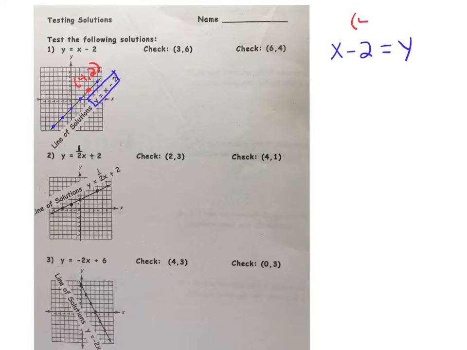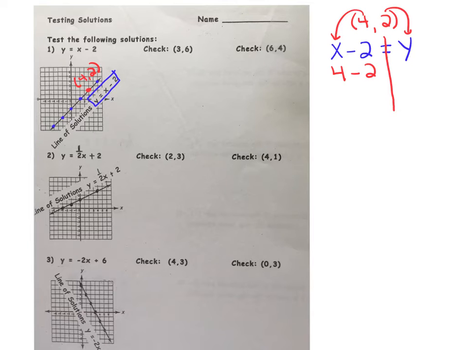My x is 4 and my y, my output, is 2. We're going to substitute the x into the equation and check, complete a solid line check to see if the left side equals the right side. Will that point satisfy that equation?